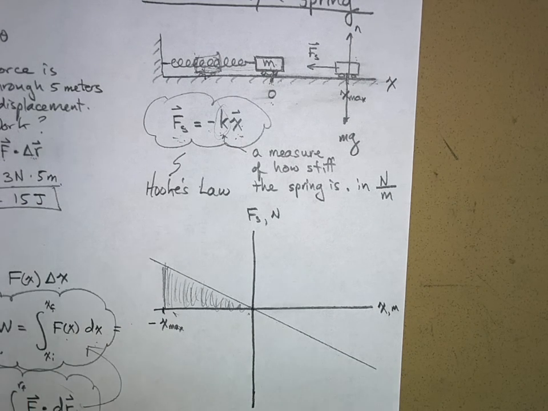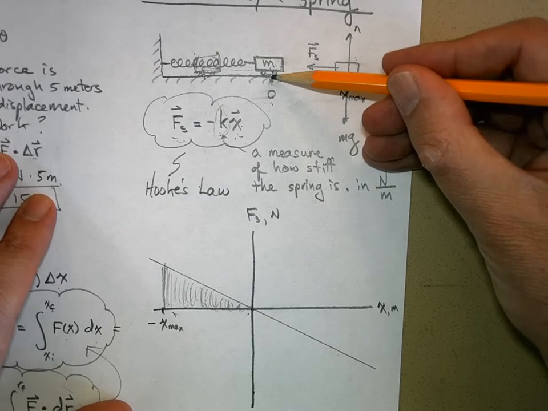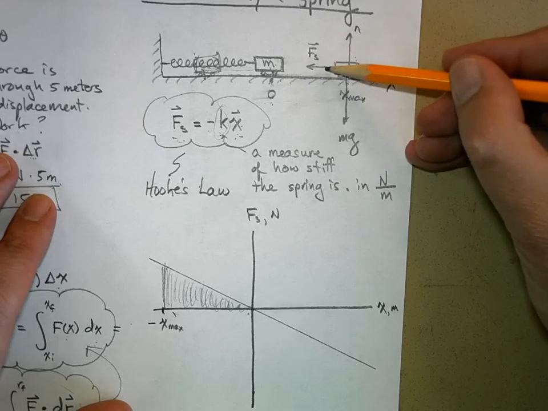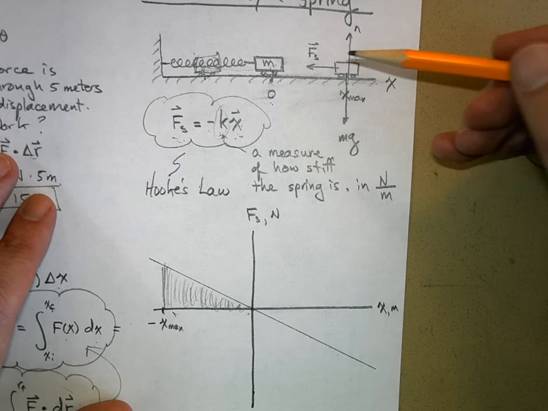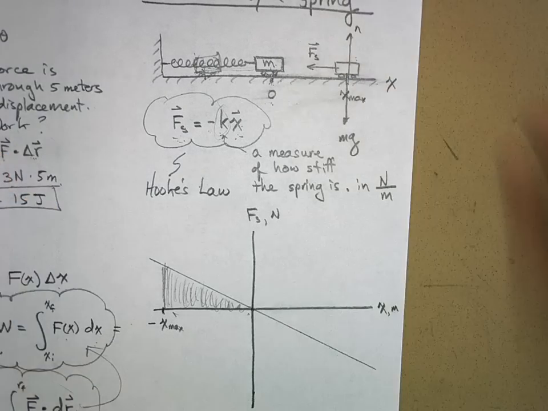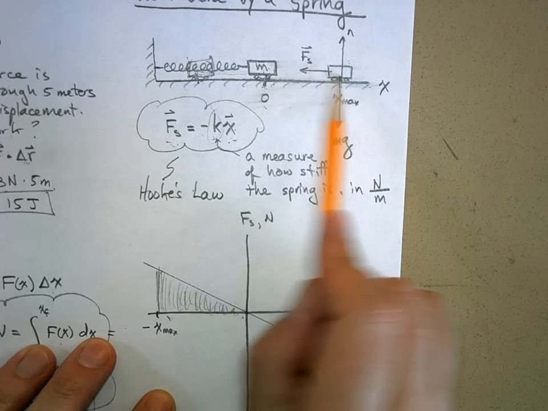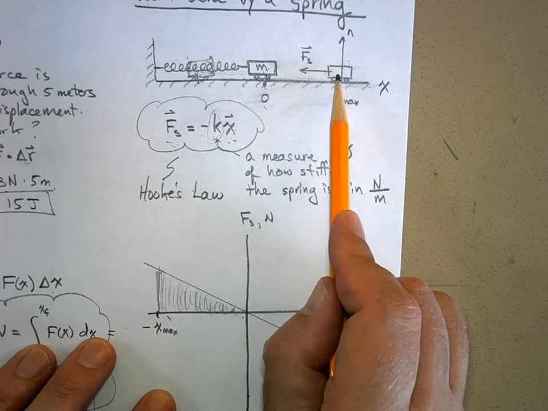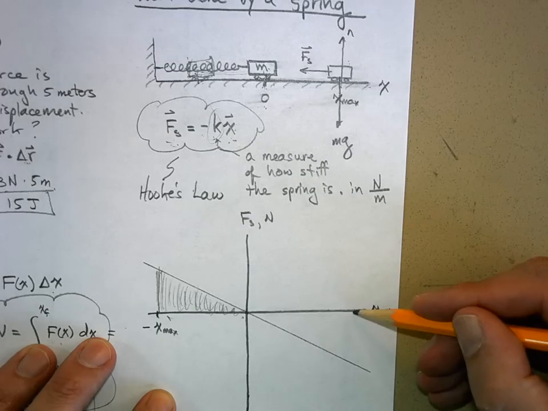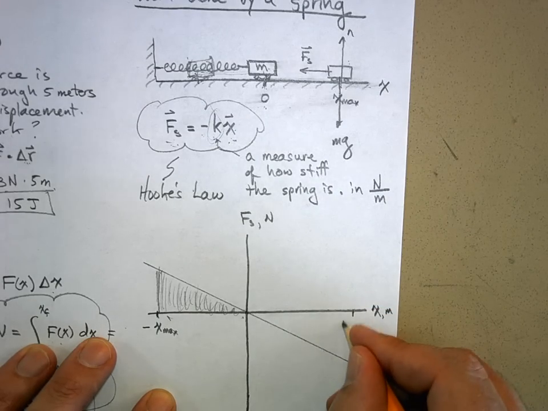Well, then what happens? When you get over here, what is the spring doing now? Well, it's going to slow it down, right? It's going to take kinetic energy away from the crate. When the crate moves from here to here, think about it, it's going to slow down to a stop, isn't it? And this is positive x max.